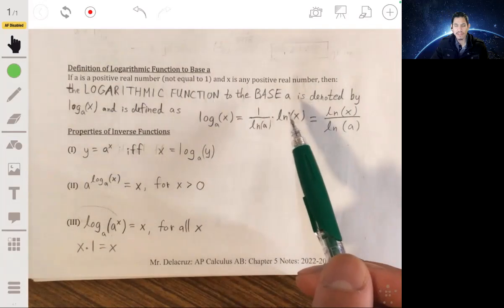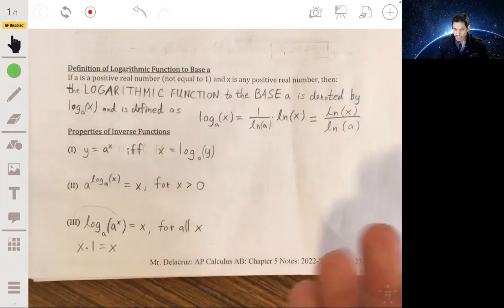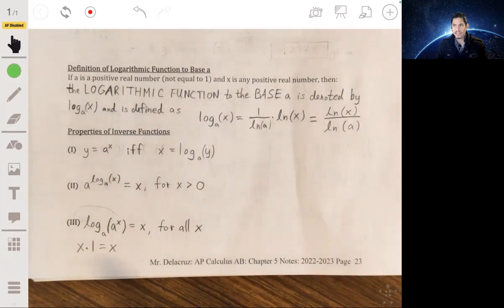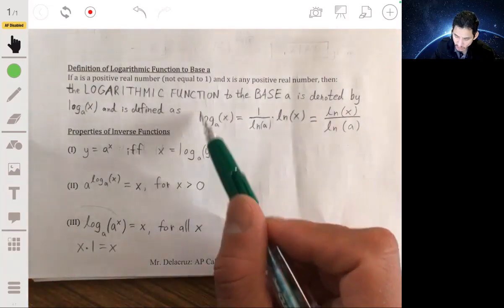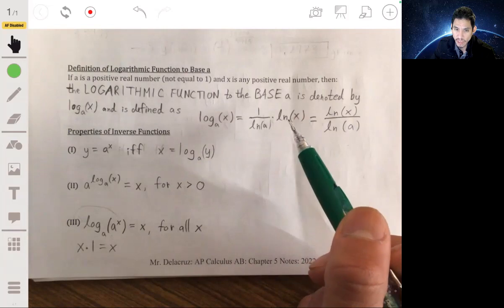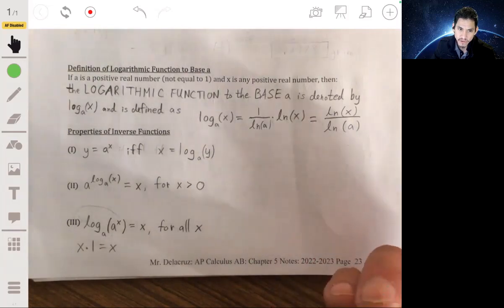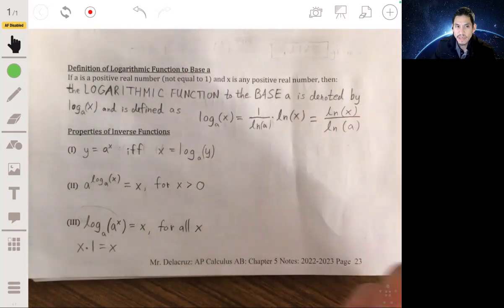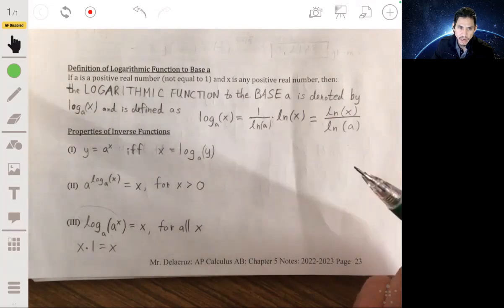And again, we like the natural log because, as we learned in the previous lessons, differentiating and integrating the natural log is super easy because the derivative of e to the x is just e to the x. So if we can write a logarithm in terms of a natural logarithm, that's going to be very useful and makes our calculus lives a lot easier.